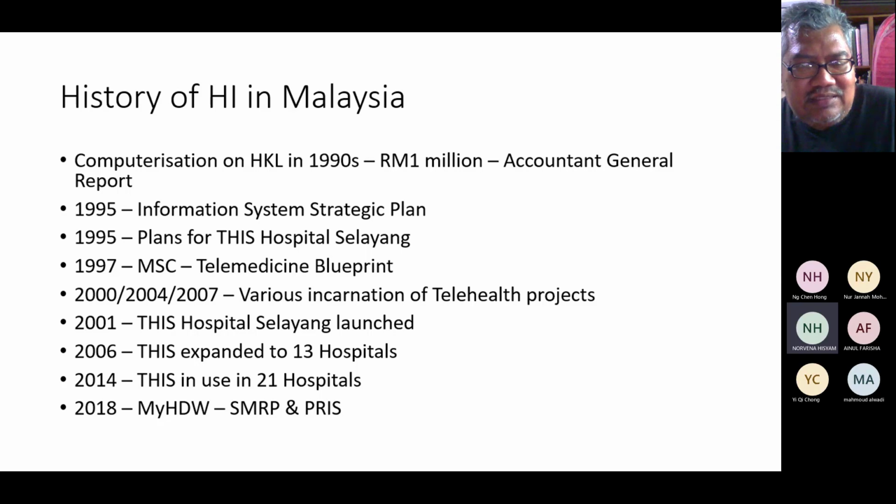PRIS is more like a registry for cases for diseases like cancer, diabetes, hypertension, and so forth, or cardiac diseases. SMRP is to record the encounters of people coming to seek treatment at any of the healthcare facilities. Okay, so this in summary is what we had.